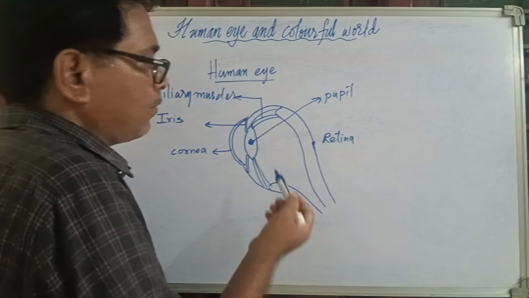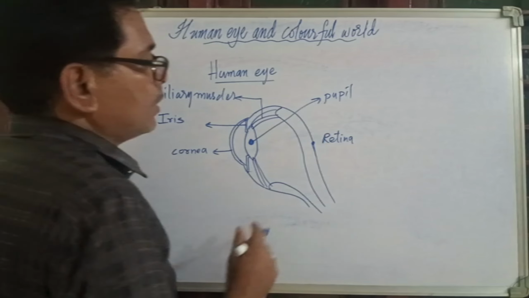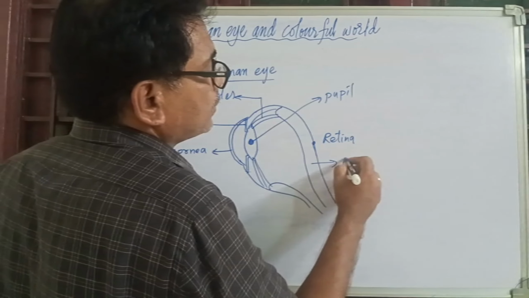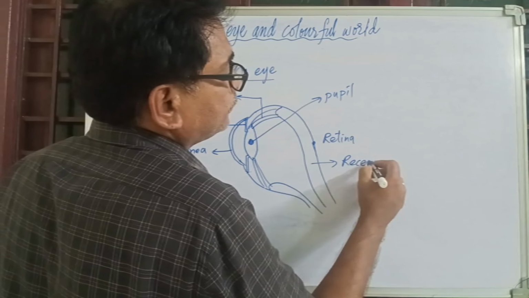Now coming to the other part, that is all about ciliary muscles. These are called receptors. There are about 125 million receptors. They are again classified into two types, rods and cones.